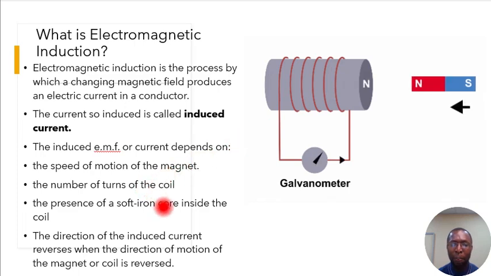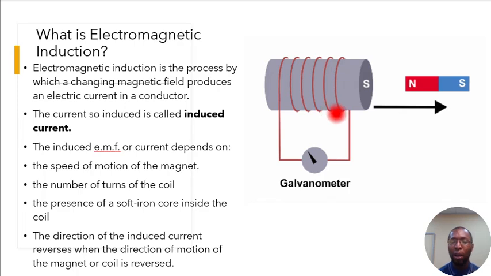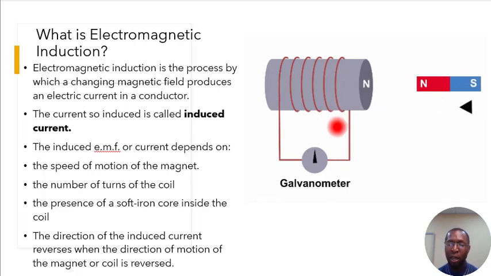And the third thing is the presence of soft iron core inside the coil. Very important. The soft iron core, which is a magnetic material, also helps in inducing more current into this coil. So these three factors affect the quantity of current induced into the conductor.